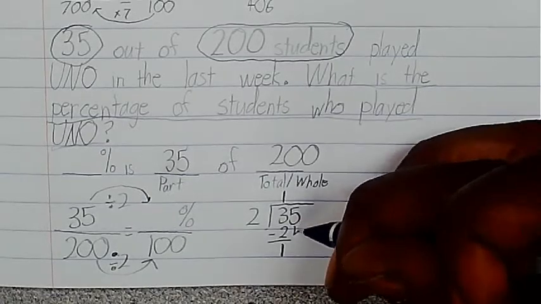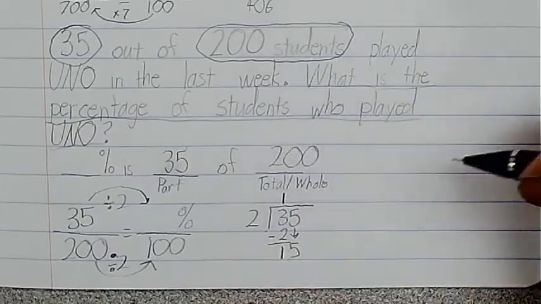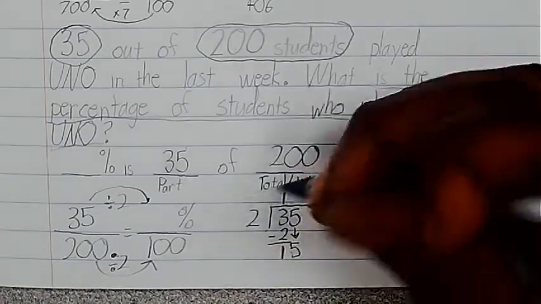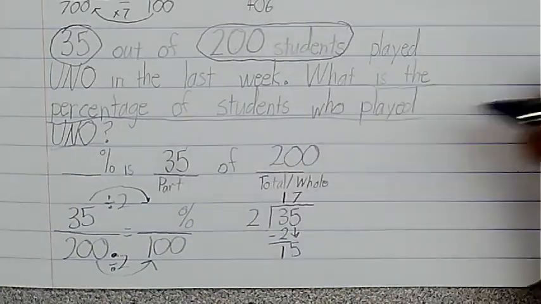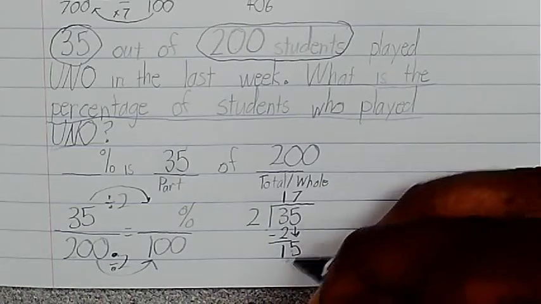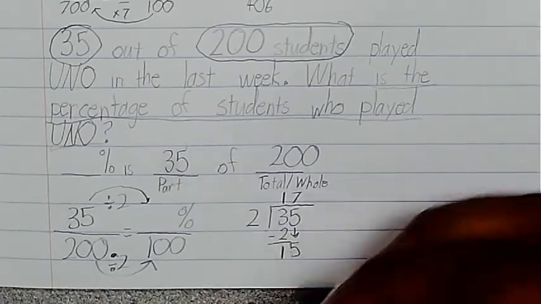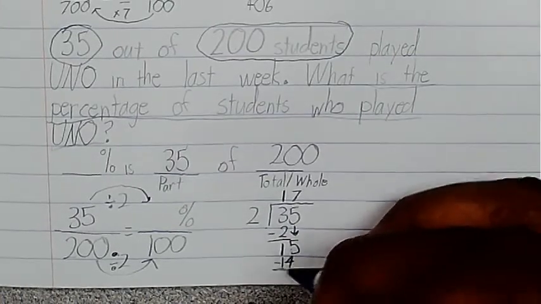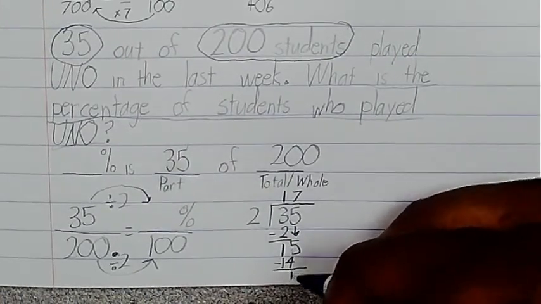Bring down the 5. We can divide 15 into groups of 2 7 times. So when we multiply 7 times 2, that's 14, 15 minus 14. We subtract, that gives us a 1.